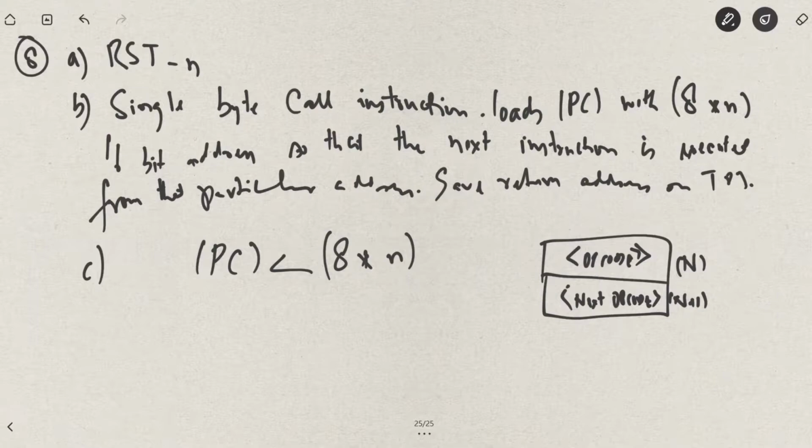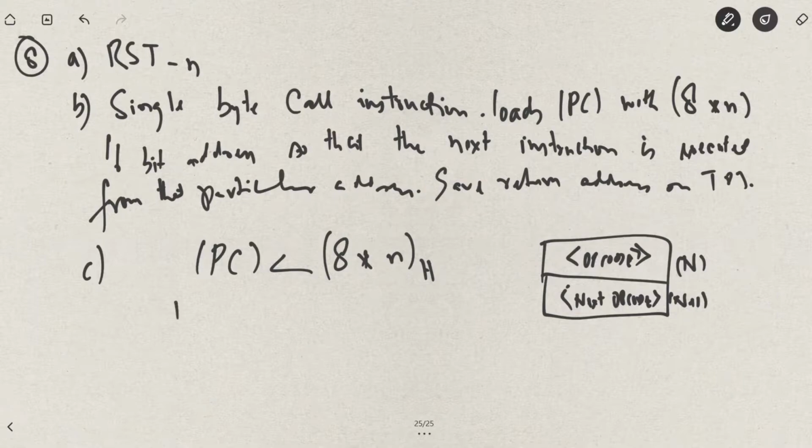Since we cannot actually load an 8-bit address, the most significant bits in this case are made equal to 0 and 0. The least significant bits imply the 8-bit address, so it will be a hexadecimal number.